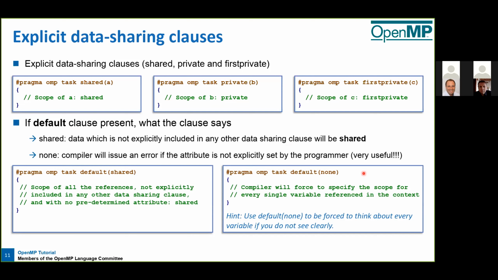And default none means the compiler will generate an error for all variables that are being referenced and not being part of any other scoping clause at the corresponding construct. So this is actually a good programming style. However, I have to admit it's not part of our examples to make sure that there's an explicit scope given for all variables that appear within the extent of a construct.